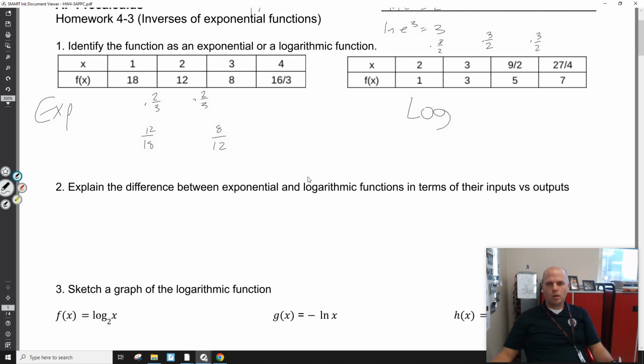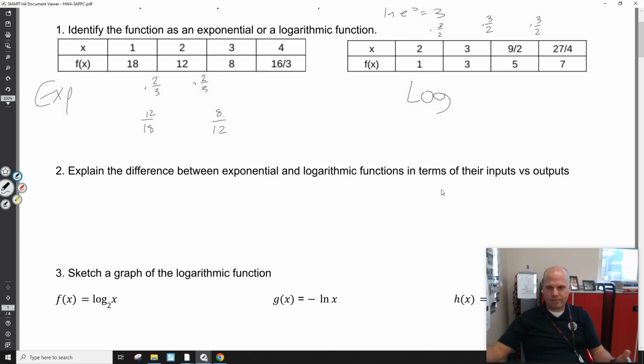Okay, so I kind of explained the difference between exponential and logarithmic functions. Like exponential functions, your outputs grow or decay, I can say change, at a common ratio for an equally spaced input.